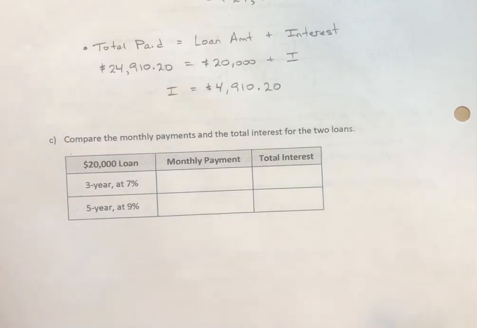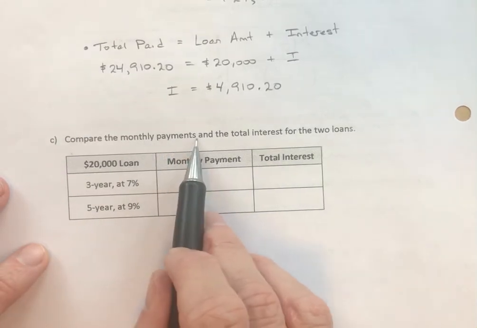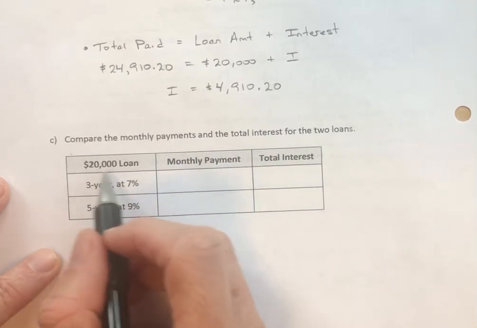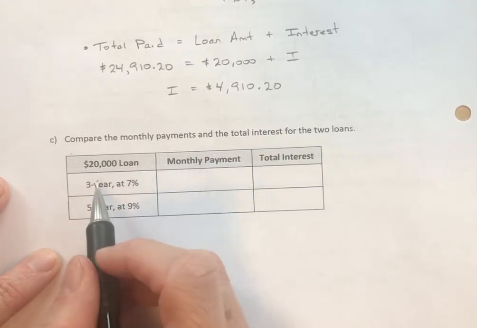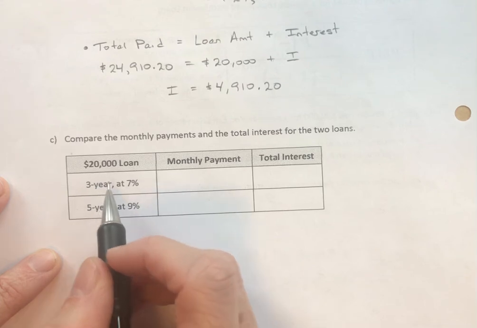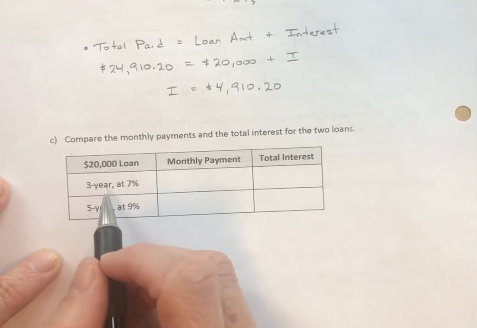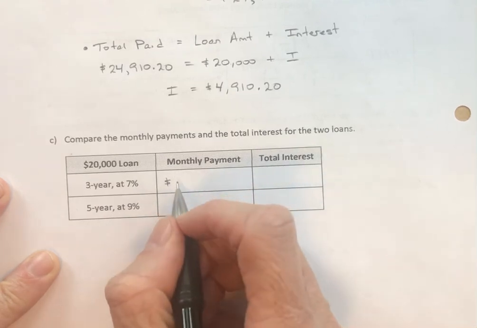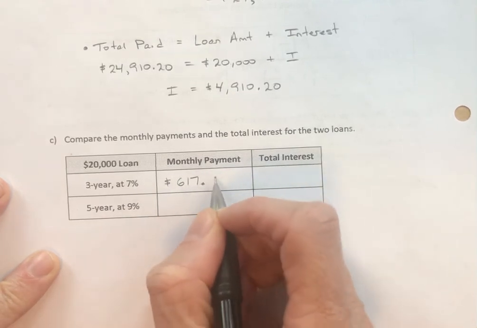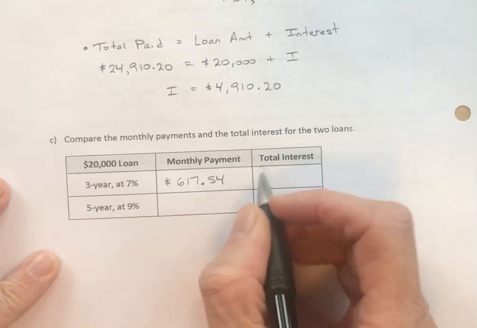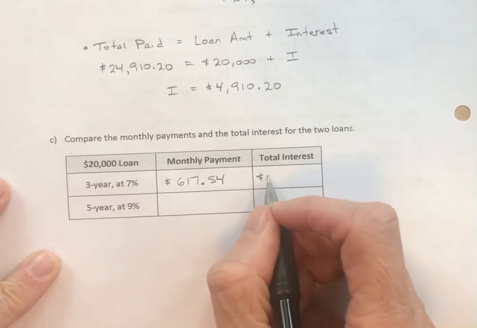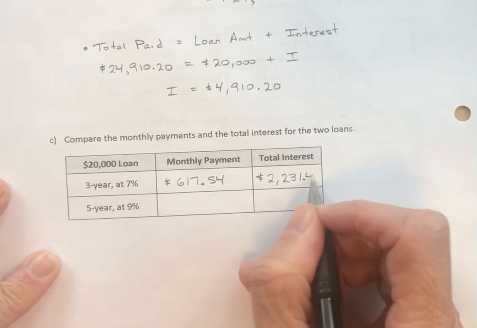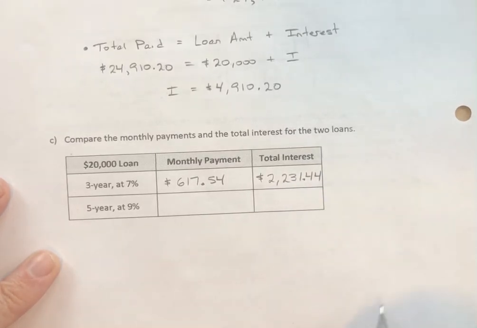Okay, let's compare. Compare the monthly payments and the total interest for the two loans. All right. So for our same $20,000 loan for both. For example A, we had a 3-year loan at 7%, and our monthly payment was $617.54, and the total interest turned out to be $2,231.44.